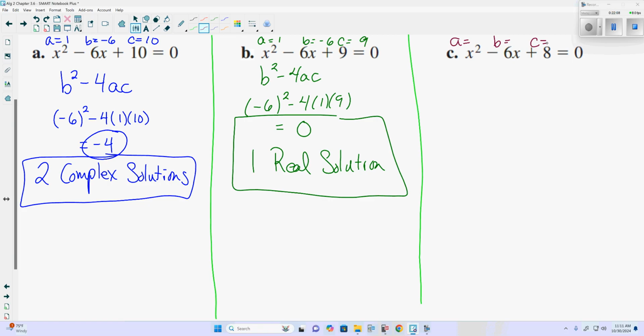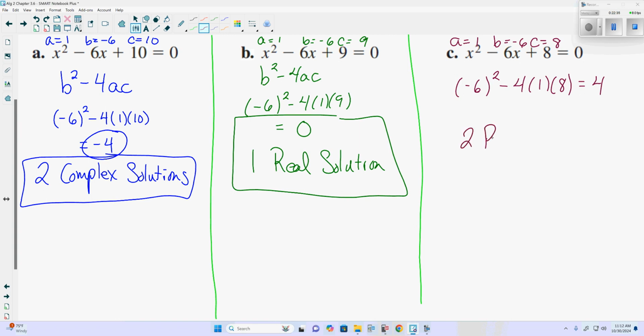So for the last one, A is 1, B is negative 6, C is 8. So anybody have a guess at what the answer is going to be? 4. Because it's actually been increasing by 4 each time. Yep.